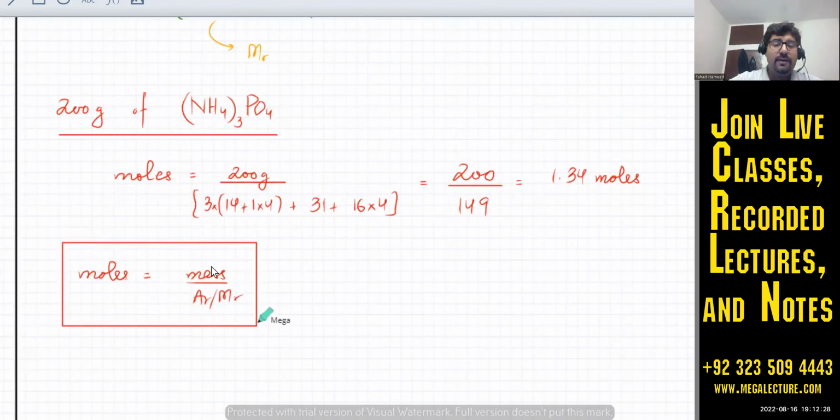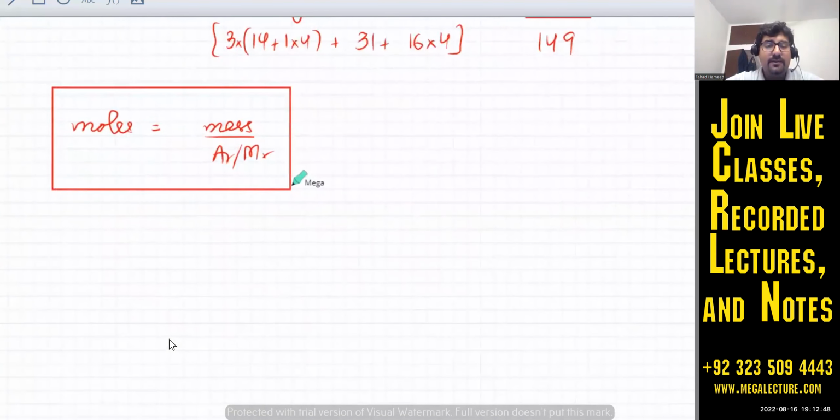If you know the mass and the moles, you can find the MR of the substance. So it's not only that you find moles using this formula, you can also find mass.